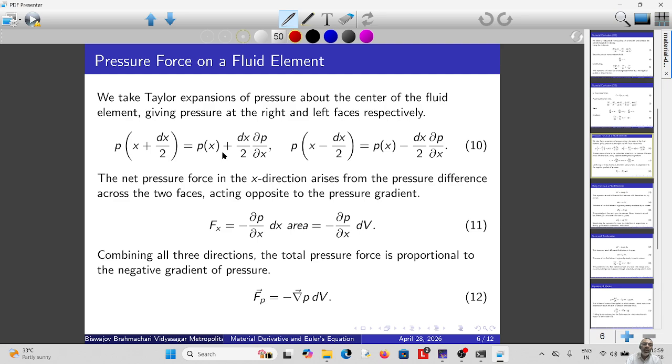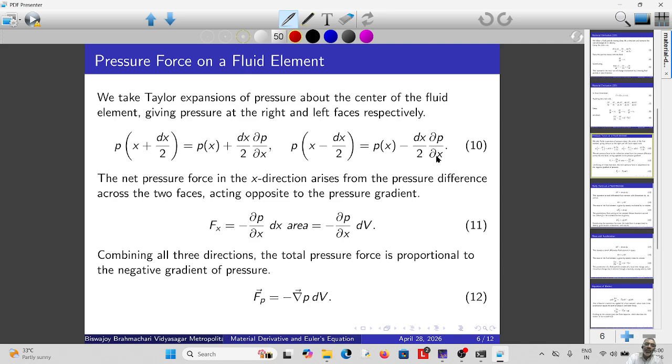So p plus dx/2 ∂p/∂x, and from the other side, p minus dx/2 ∂p/∂x. Now if we subtract, which acts on the element, there is a minus sign, and then dx into ∂p/∂x.